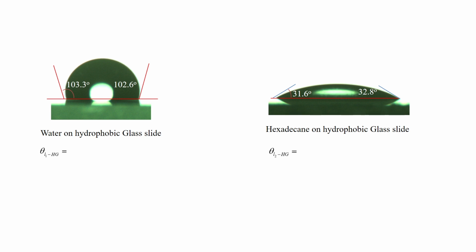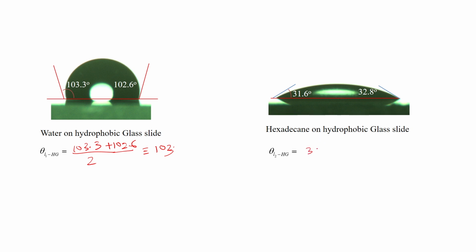When you find out the contact angle, you should always measure a few different droplets and get the average value. Here I will do the average of 103.3 plus 102.6, which will come out close to 103, let us say 103 here, and for the other liquid 31.6, and the average will be let us say 30.